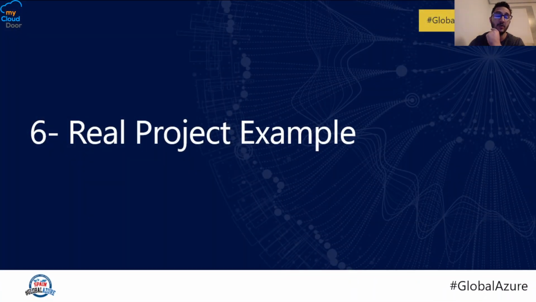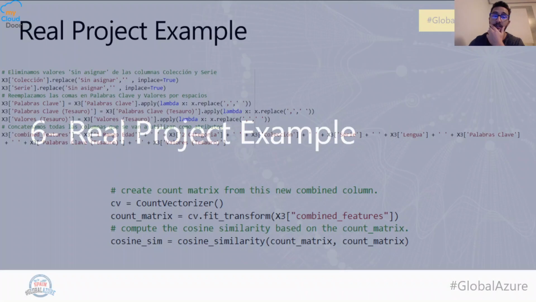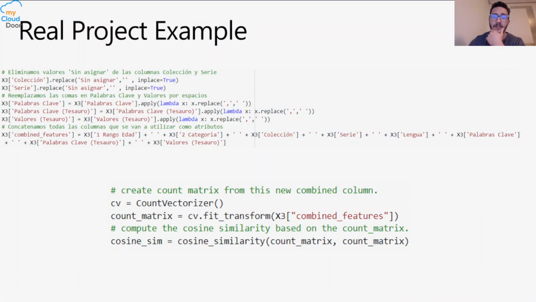And now we will move on to a real project example, the project that we did. In this part, we will see a book recommendation system we created for a client. We can't mention the client's name nor show the real data for obvious privacy and security reasons.